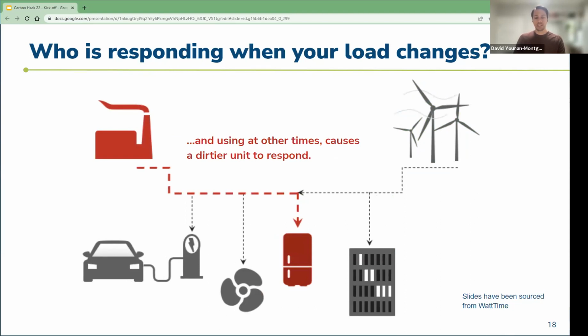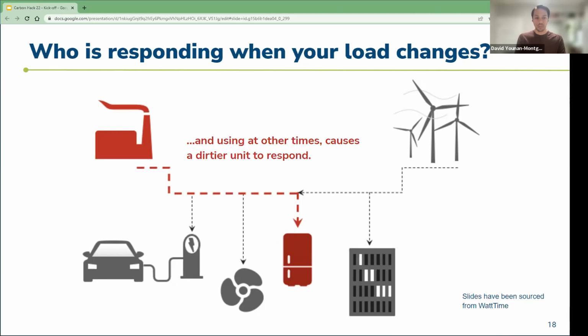Without getting too much into the details, you can think about average emissions as the average of all the generating resources on that dispatch stack that you just looked at. But if you think about it, if you're in France and you have a lot of nuclear baseload, for example, nothing that any of us do is going to make that nuclear plant run more or less. It's going to keep chugging along, doing whatever it's doing.